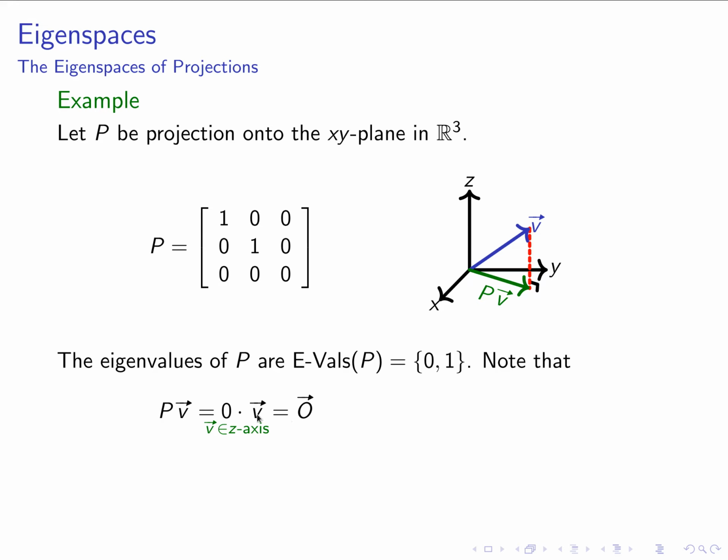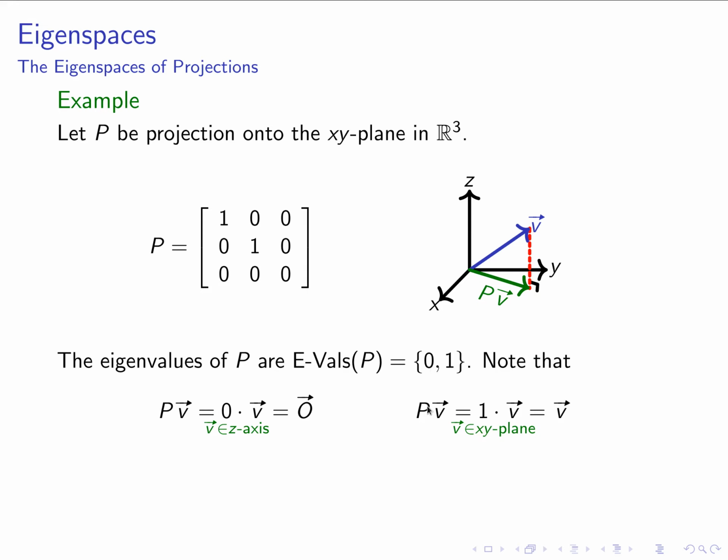If we wanted to find vectors v that satisfy this equation, we would be looking for vectors in 3-space that collapse to 0 after we project onto the xy plane. Those vectors turn out to be exactly the vectors that live on the z-axis. So in the figure representing projection onto the xy plane, the z-axis represents the eigenspace of this matrix associated to the eigenvalue lambda equals 0.